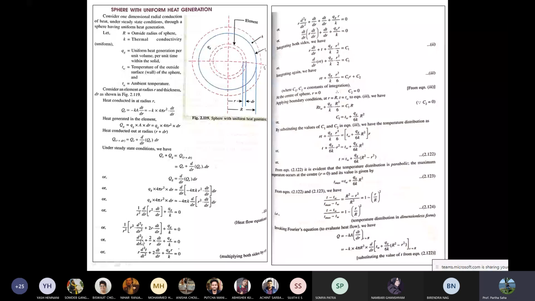Now again you multiply by r, so it becomes r d2T by dr2 plus 2 dT by dr plus Qg r by k equal to 0. Now r d2T by dr2 and then 2 dT by dr can be written as r d2T by dr2 plus dT by dr plus dT by dr plus Qg r by k equal to 0. Now these two terms again you can take into a partial differential form. You can take d by dr out, so it will become r dT by dr, right?